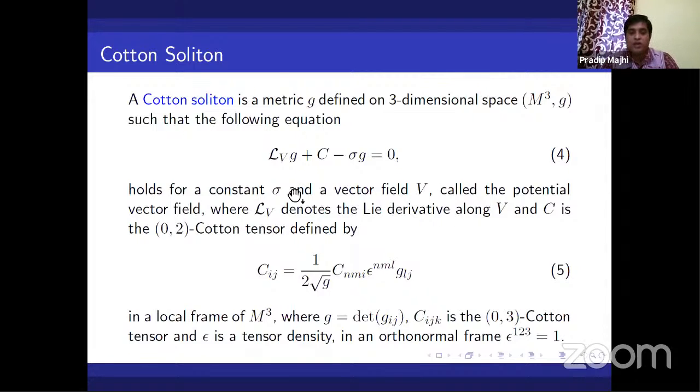We have a relation between the (0,2)-type cotton tensor and the (0,3)-type cotton tensor. Here g is the determinant of the metric g_ij, C_ijk is the (0,3)-type cotton tensor, and epsilon is the tensor density. Basically, this is a relation between the (0,2)-type and the (0,3)-type cotton tensors.